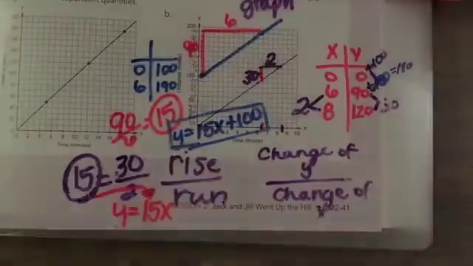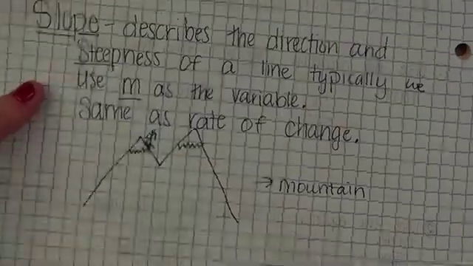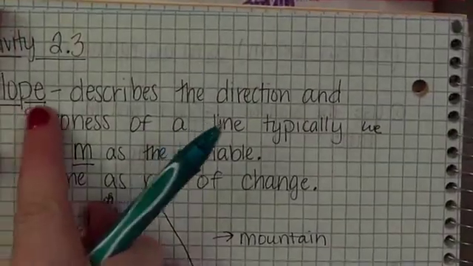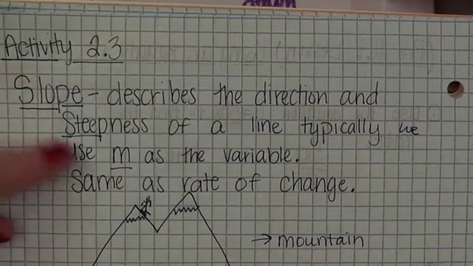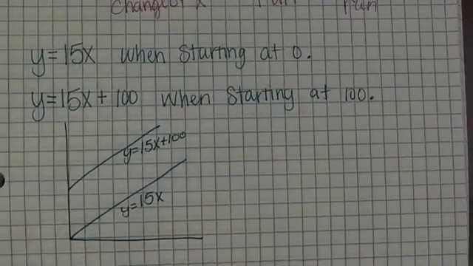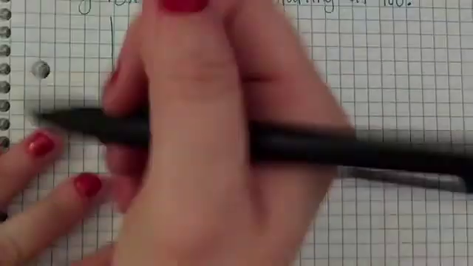Okay, the last thing that we're going to do, I just flipped over to this side where we have our slope definition. Remember, this is the last thing we did in 2.3, is we talked about m as the variable for slope. So what we're going to do here, and you are going to see me switch colors quite a bit, but that's just the way I am.